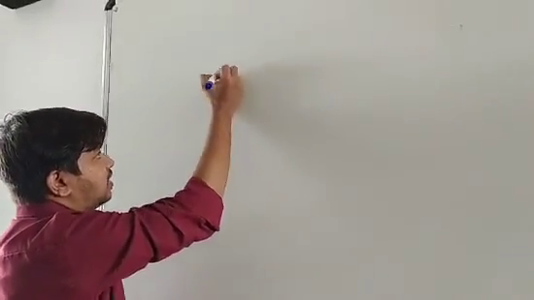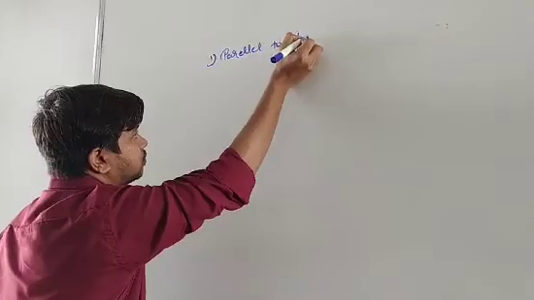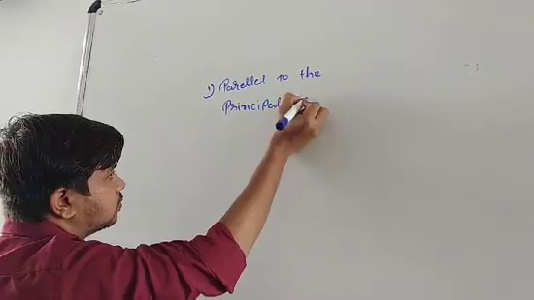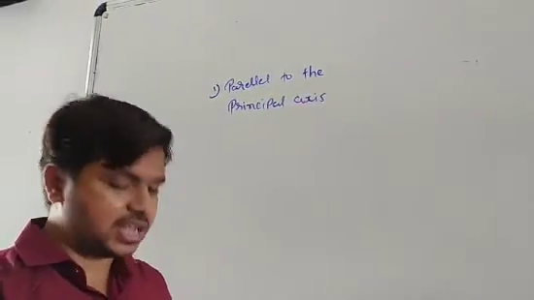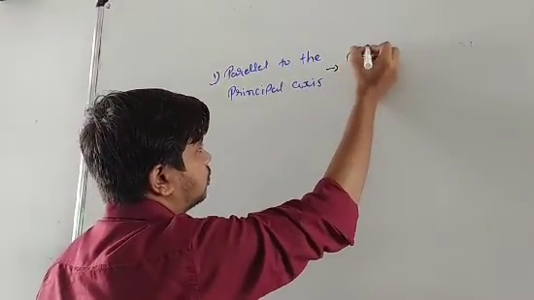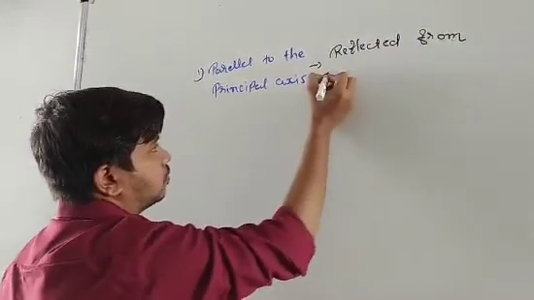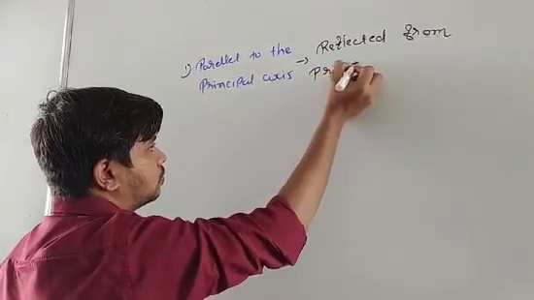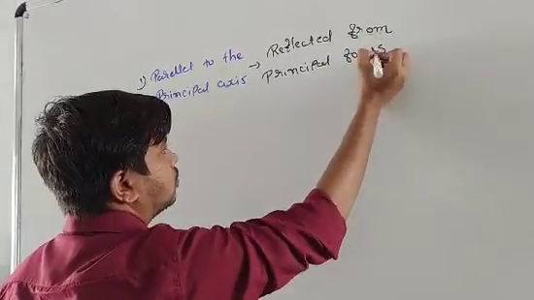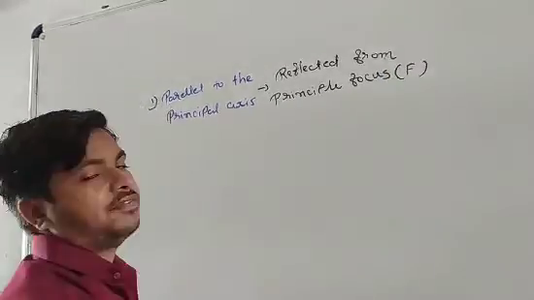First of all, when the ray is parallel to the principal axis, you get a reflected ray which is passing through the principal focus, which is denoted by capital F, right?